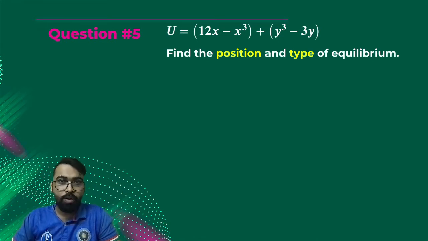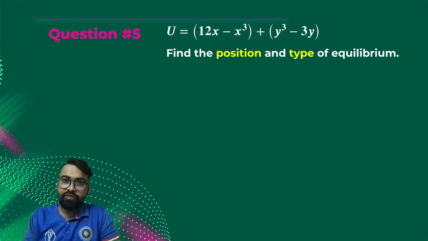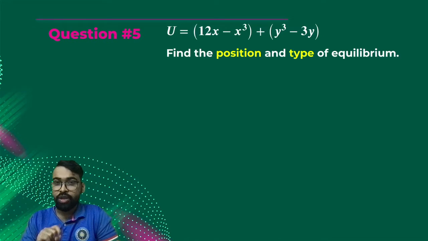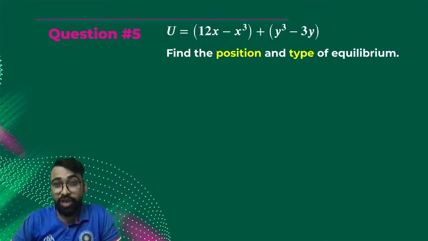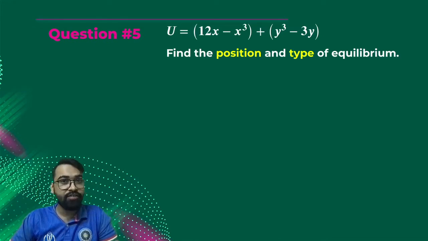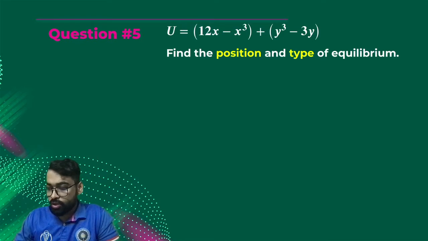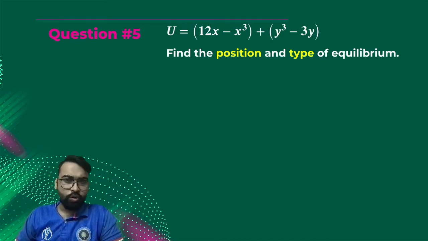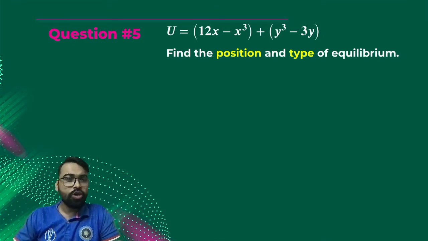So how will you go about in this question? Whenever you get anything as a function of more than one variable, U here is a function of X and Y. We have talked about this, that we can use partial derivatives. So what I'll do is I'll say that for position, let us say we know Fx would be equal to 0.